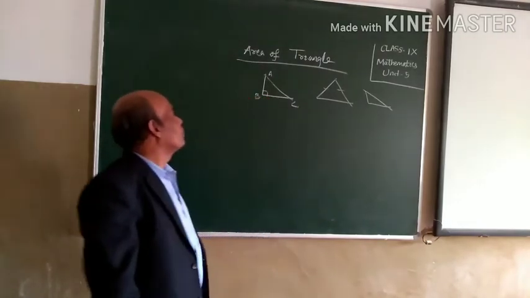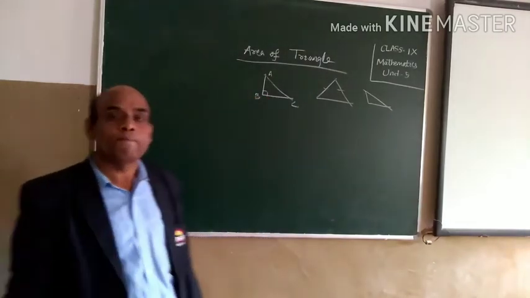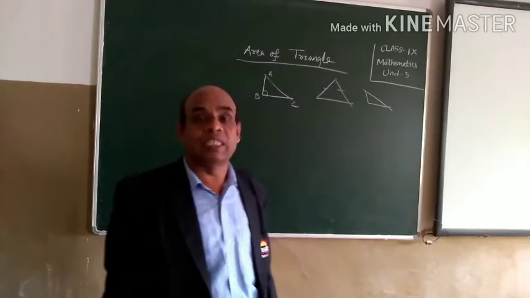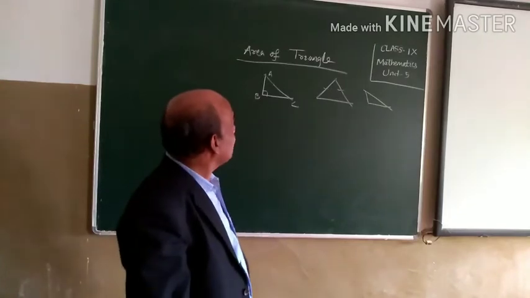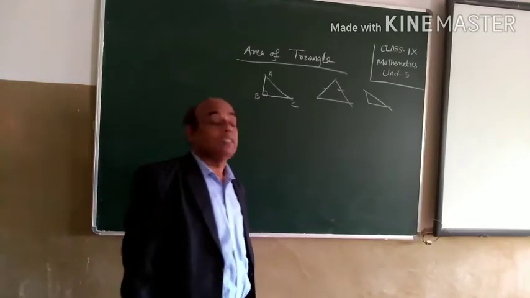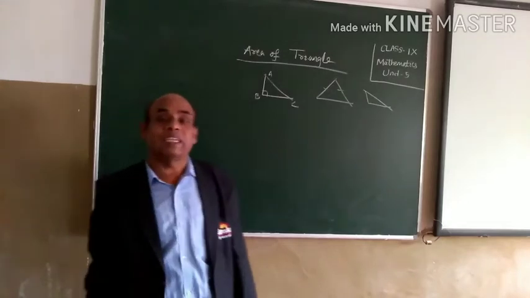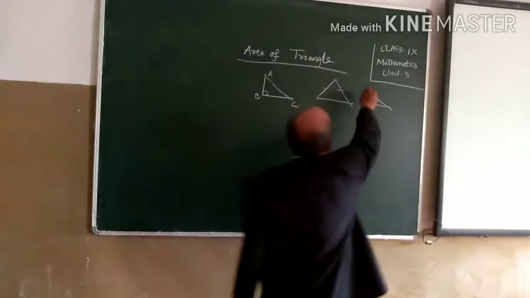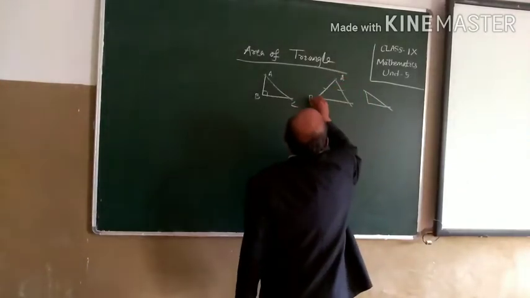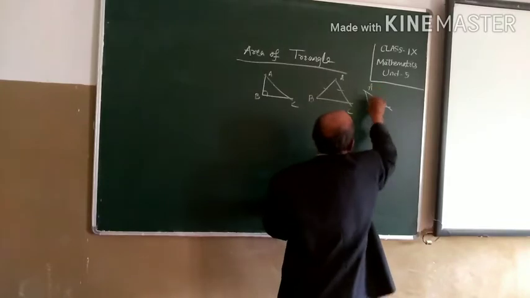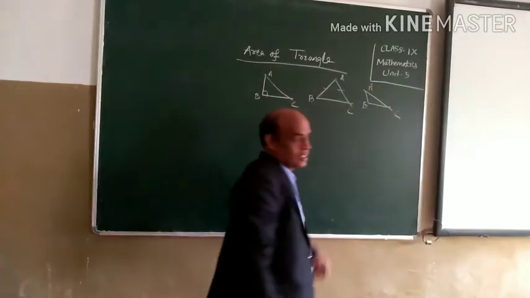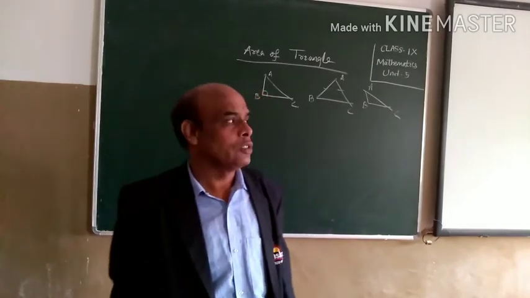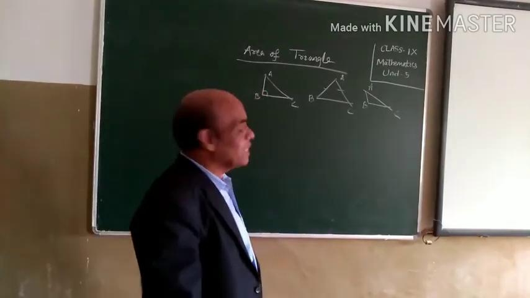In a right angle triangle, as you already know, one angle is 90 degrees, and in an isosceles triangle two sides are equal, and in a scalene triangle three sides are not equal. So we will find the area of these triangles. First we will find out the area of a right angle triangle.